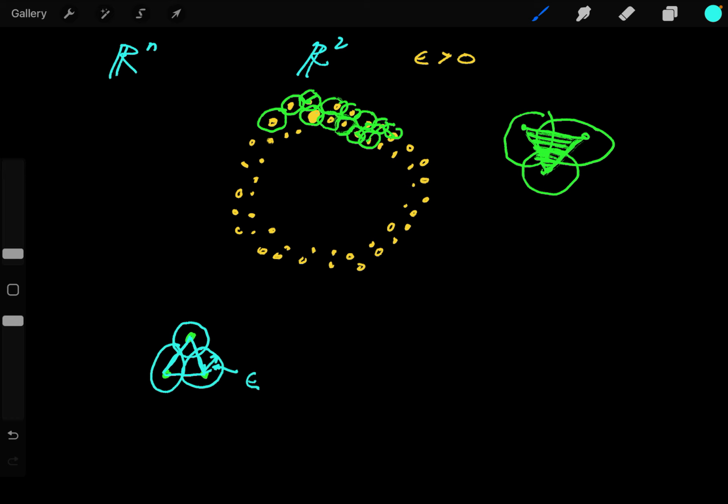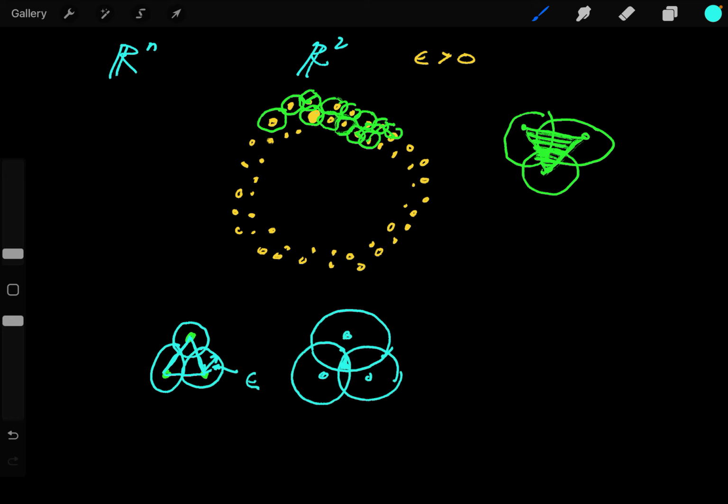But if epsilon gets a little bit bigger, then you see that region between all three. So if I do it again, where epsilon is slightly larger, now you have that region where all three come together.